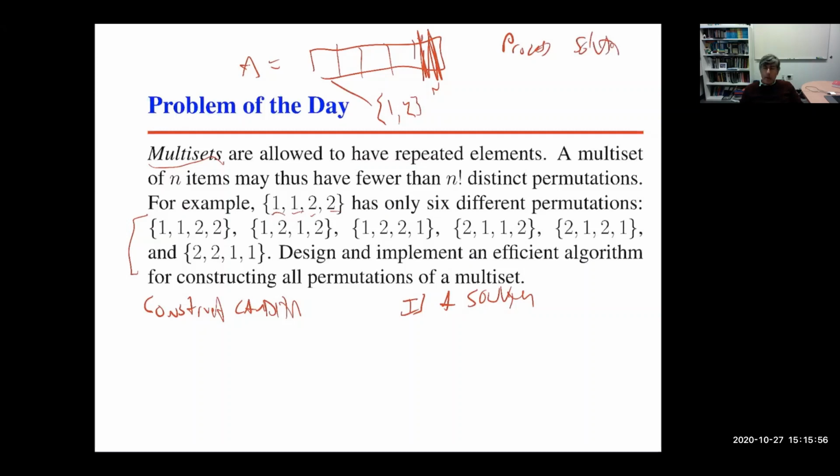Can anybody tell me how to divide the work up among these things? Someone want to make a proposal? What about construct candidates?